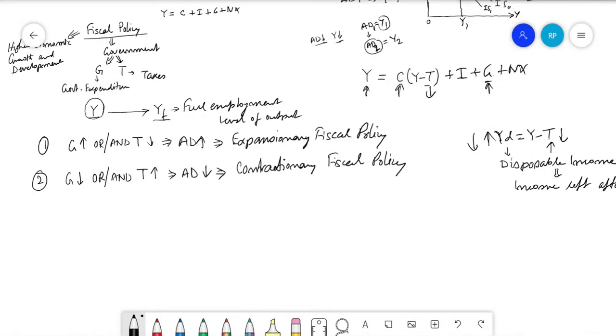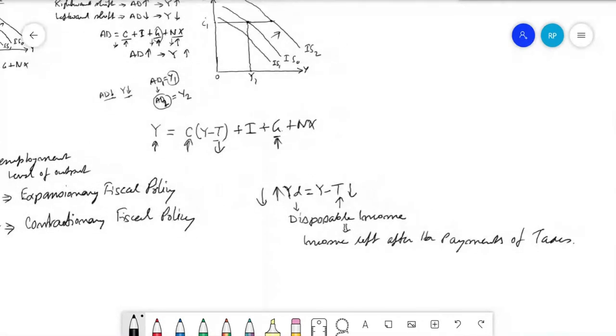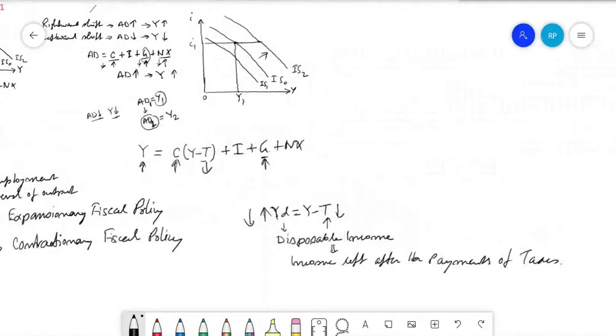If the government is decreasing the G or increasing the T, or doing both at the same time, then these steps are known as contractionary fiscal policy. And if there is a contractionary fiscal policy, then the IS curve will shift leftward.